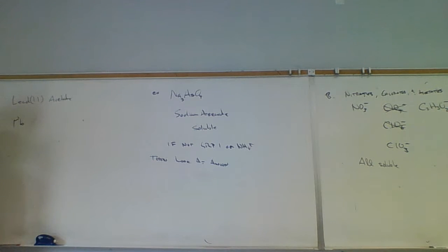Lead is Pb. What's the charge on lead-2? What's acetate? Well, we just wrote it over there, 232 minus. So we need two acetates. They'll nicely balance out the lead, and we form Pb(C2H3O2)2. This would be the formula for lead-2 acetate.